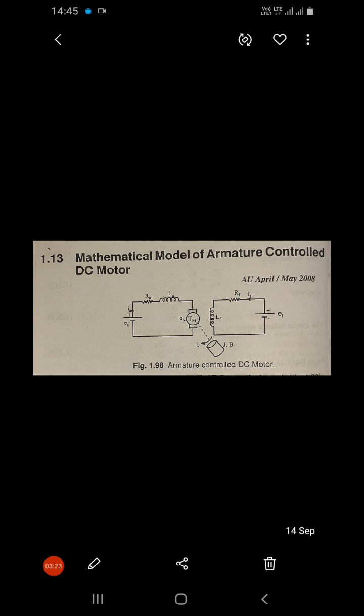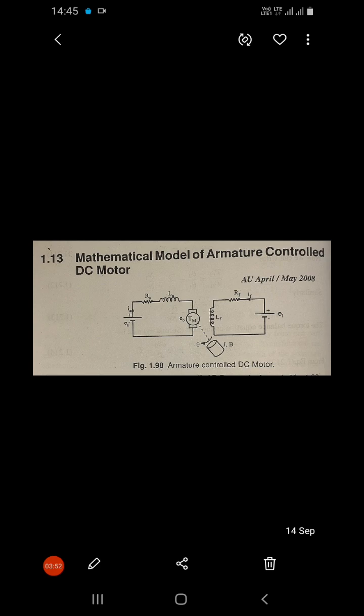First, the torque developed by the motor is a function of the flux produced by the field current and armature current. Second, when the armature rotates, it develops a voltage E_B which is opposite to the applied voltage E_A, and this EMF is known as back EMF.